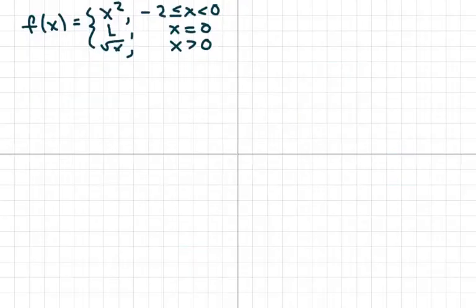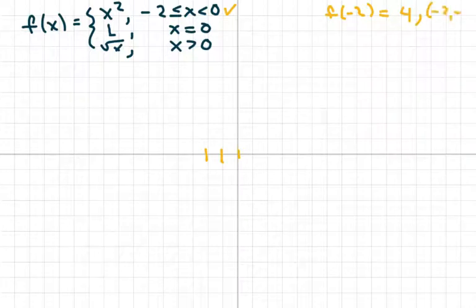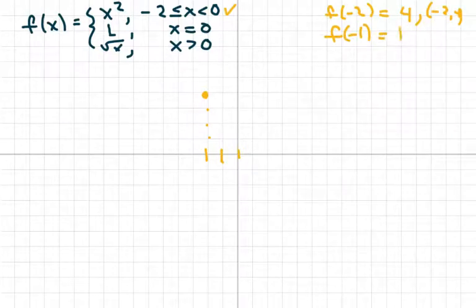So we're going to graph this. The first piece we're going to graph is this one right here. So we're going -2 to 0. All you're doing is plugging in f of -2, and f of -2 is 4. So that's -2, comma 4. So 1, 2, 3, 4, and they can equal it. Then we're going to plug in f of -1, and f of -1 is 1.